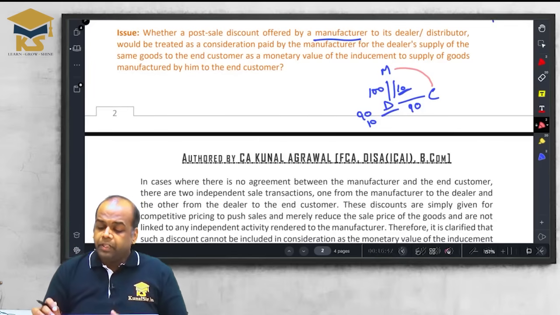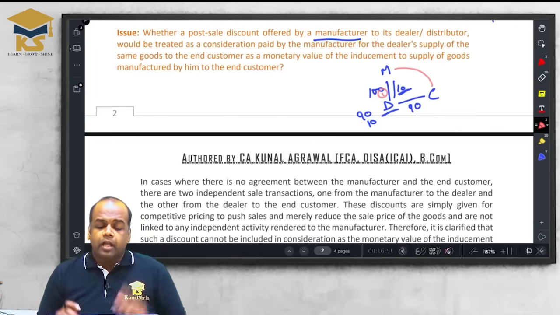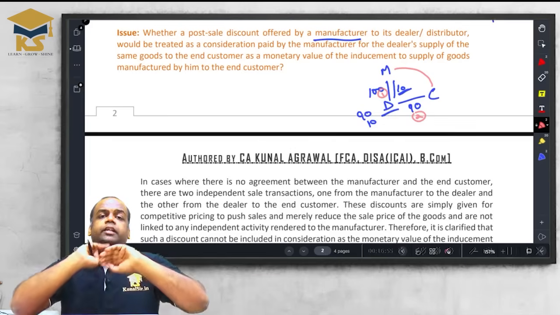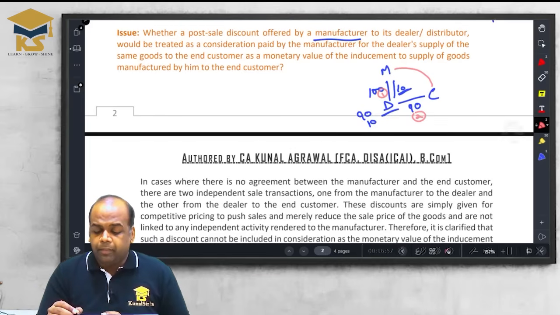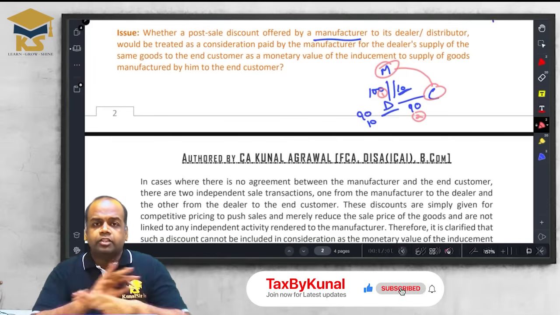So the transaction between manufacturer and dealer is independent and the transaction between dealer and customer is independent. There is no direct agreement between this manufacturer and this customer. So these two transactions are different.